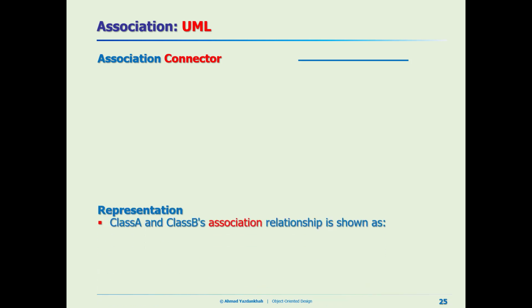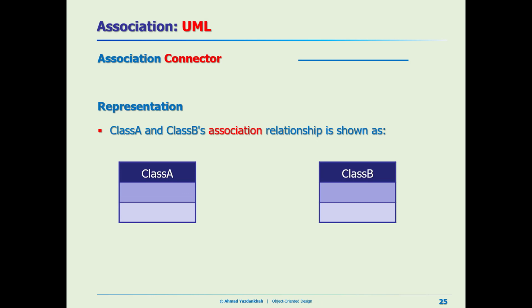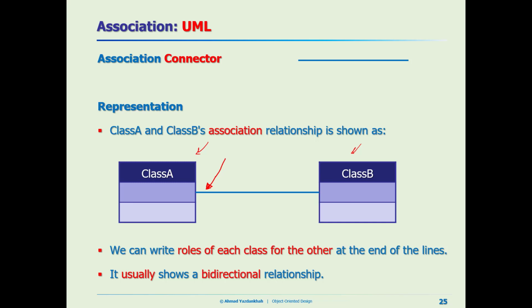So the connector looks like this, and the association relationship between class A and class B is shown by this solid line. Also, we can put some roles here, what this class A is for and what this class B is for.